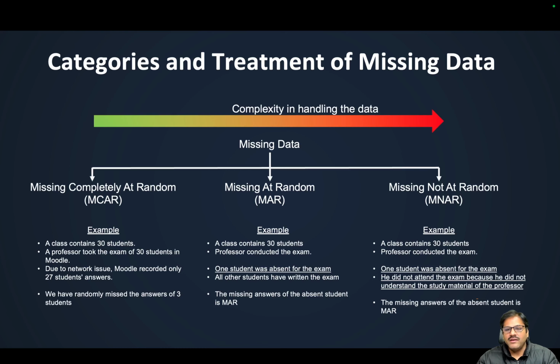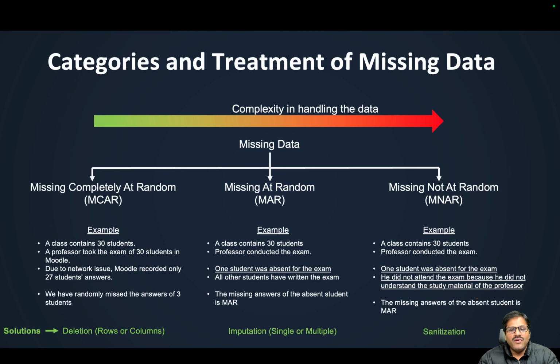Given these three forms of missing data, the complexity in dealing with this data varies from left to right. That is, handling MCAR data is very easy, but handling the missing data at random, that is MAR, is relatively difficult, and handling the MNAR data is much more difficult. So let us look at the solutions.